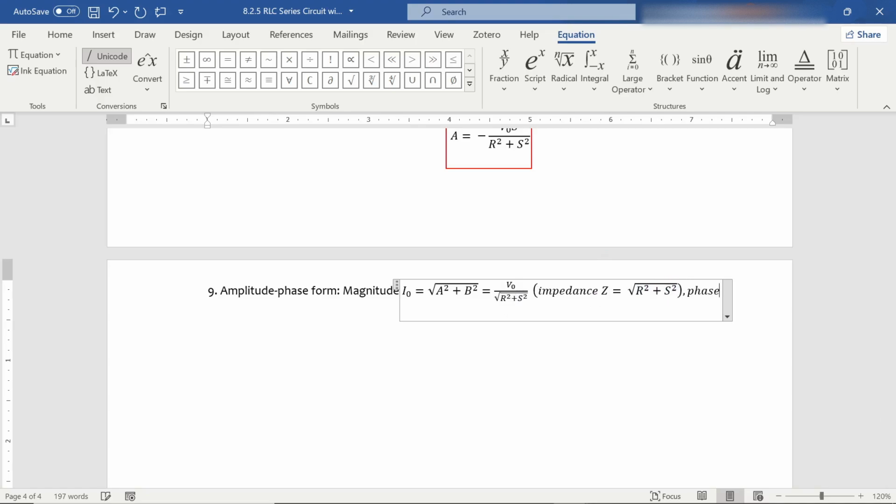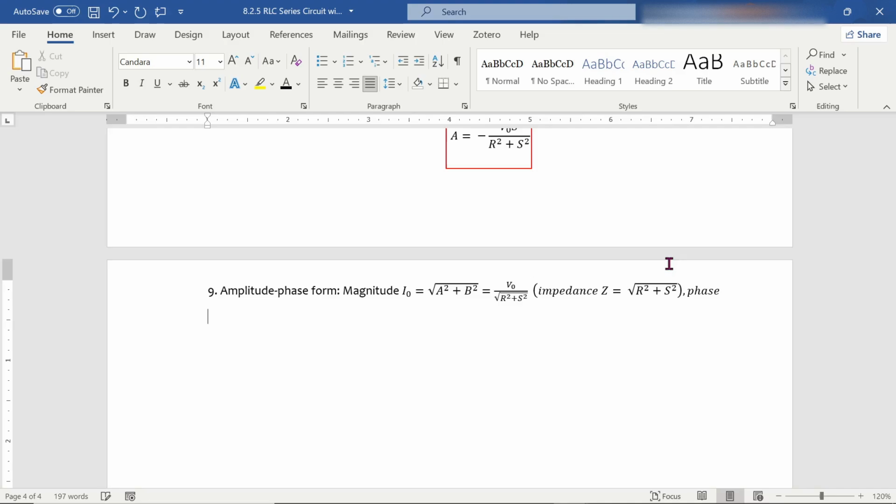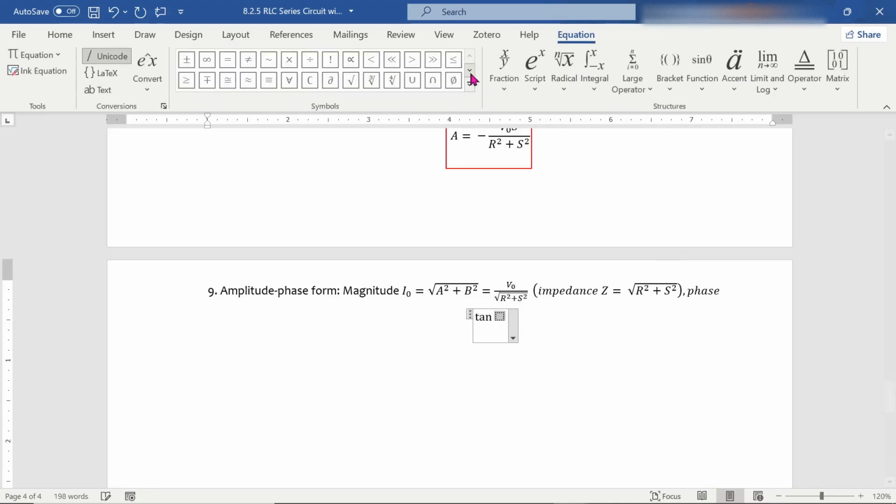And the phase is given by tangent of phi, which is equal to negative A over B, or simply S over R.